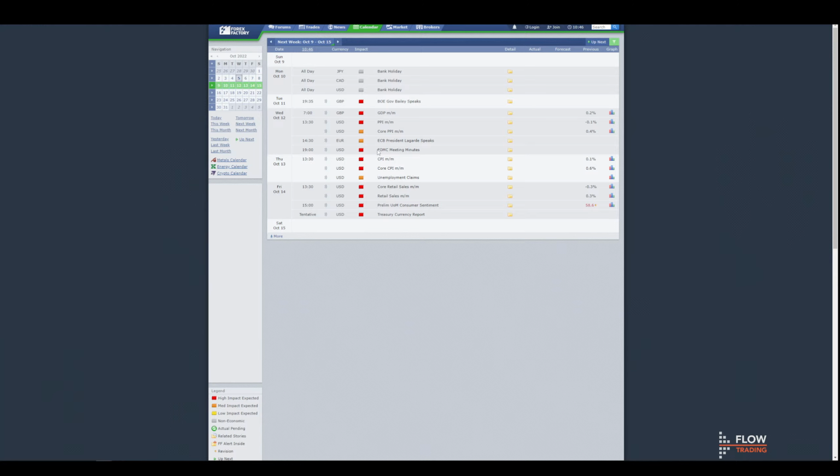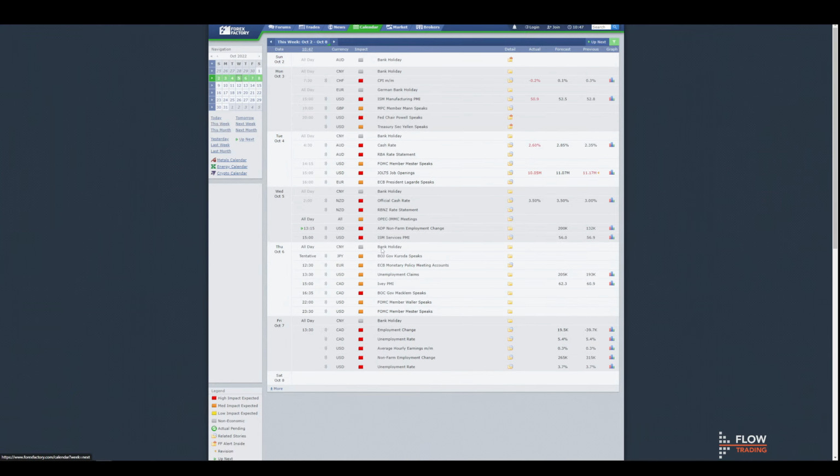The CPI and the PPI are happening on October the 12th and 13th, so Wednesday and Thursday, around the New York session, 1:30 p.m. So it's likely that we're going to get some volatility going into those figures. And this week, Friday is the day that we should see some volatility coming.